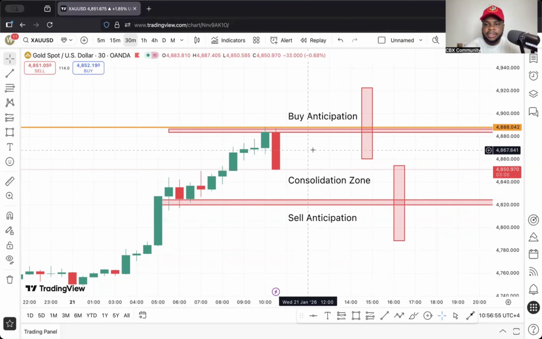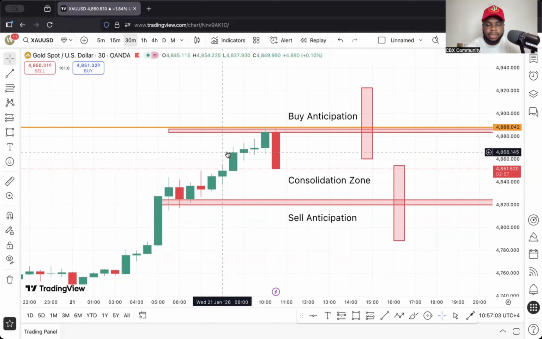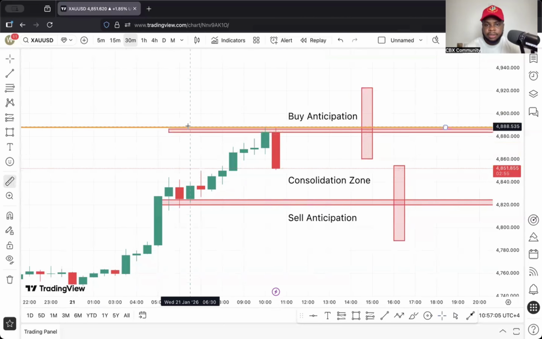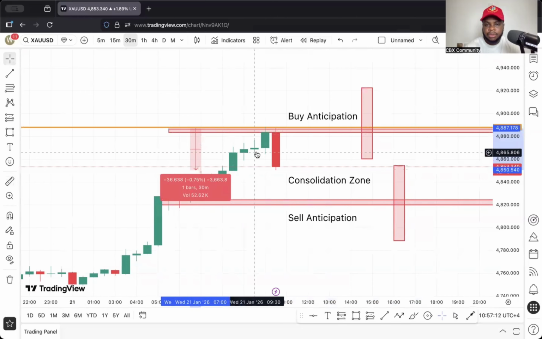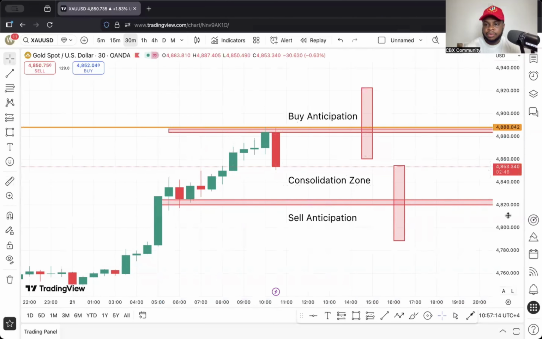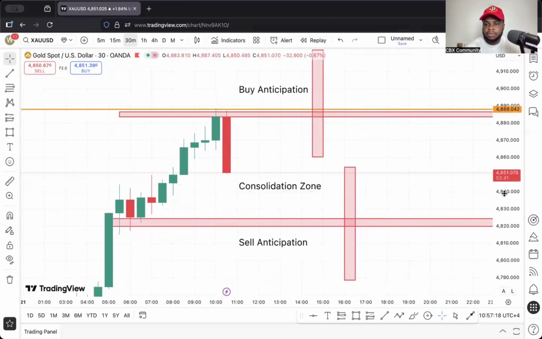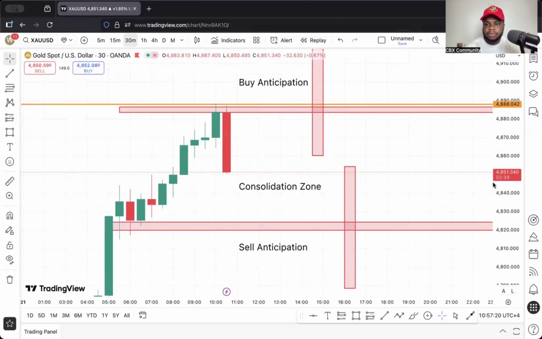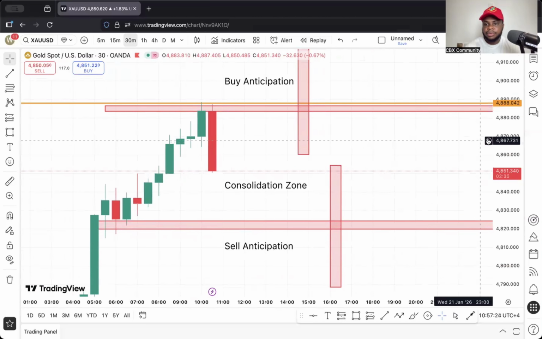So let's wait and see. Since this candle is about to close with a bearish candle in the next 2 minutes time. Let's see what the market condition wants to do.